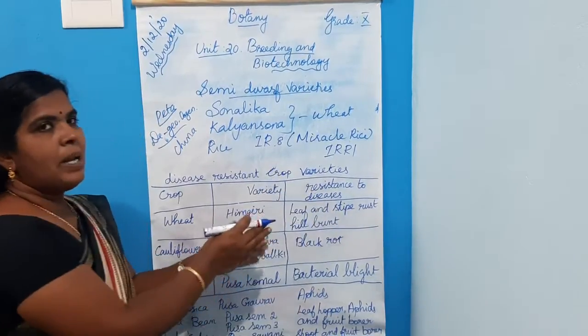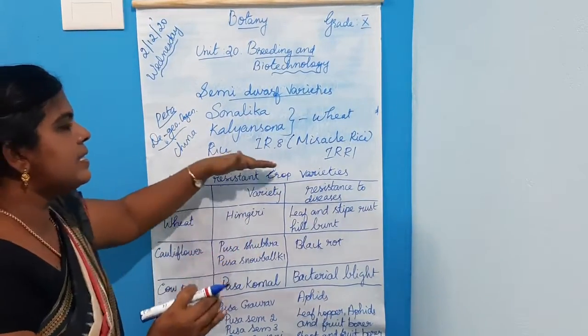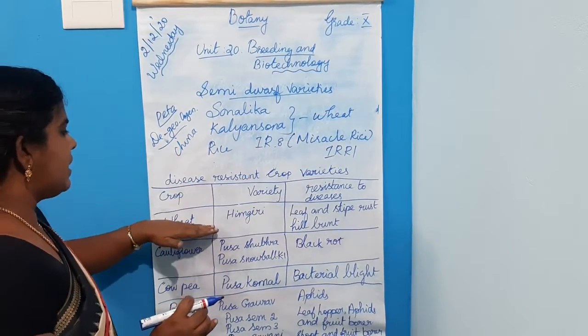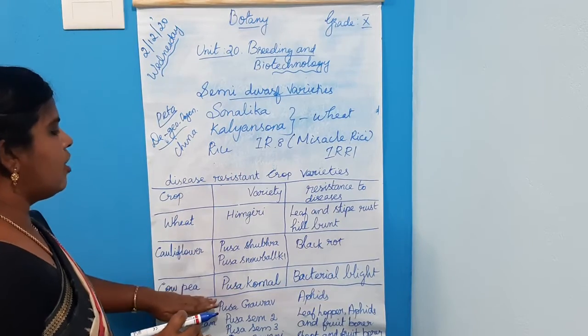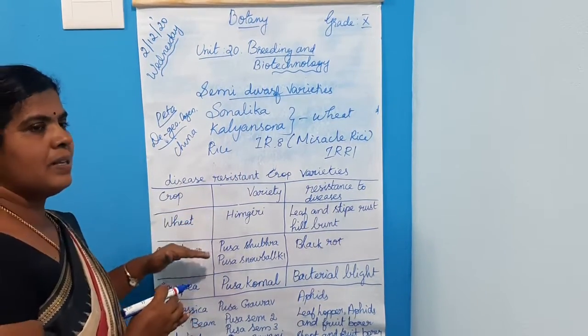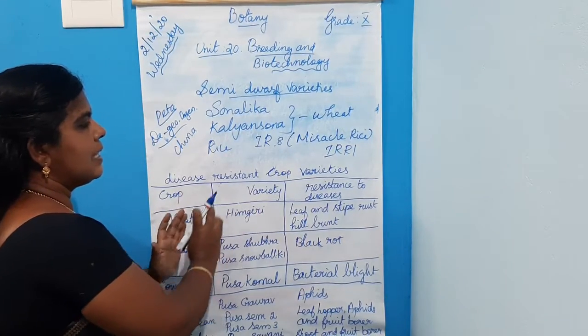By applying plant breeding technology, disease-resistant crop varieties are developed. Examples: wheat, cauliflower, and cowpea. These crop plants possess disease-resistant capacity.